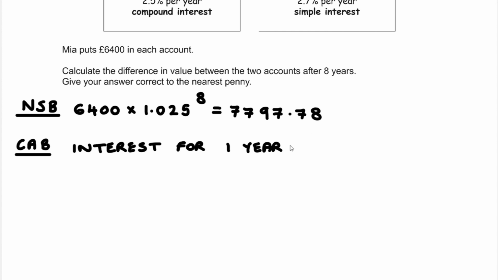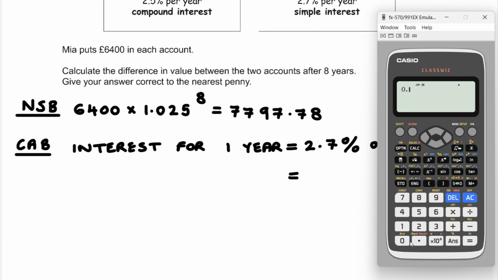The interest for 1 year is 2.7% of 6,400. So if I work out what this is equal to, I've got 0.027 multiplied by 6,400, which is £172.80.